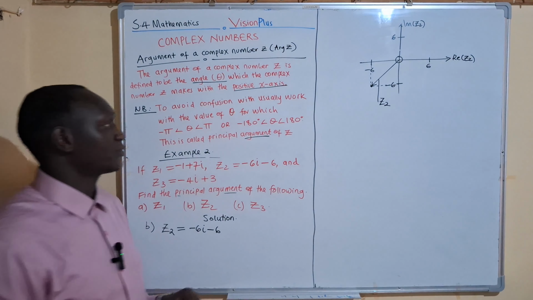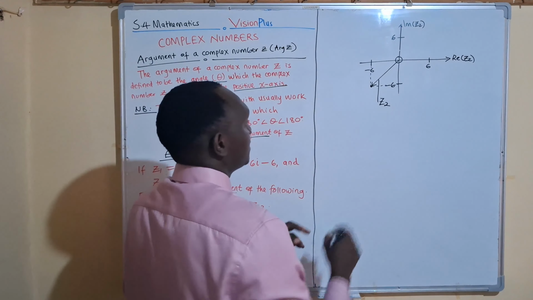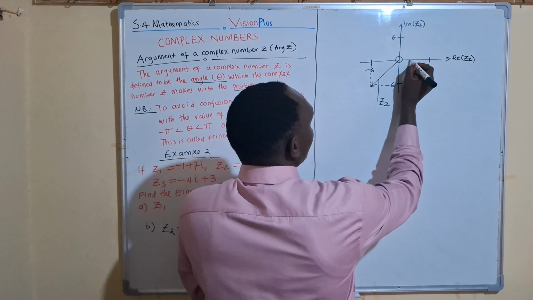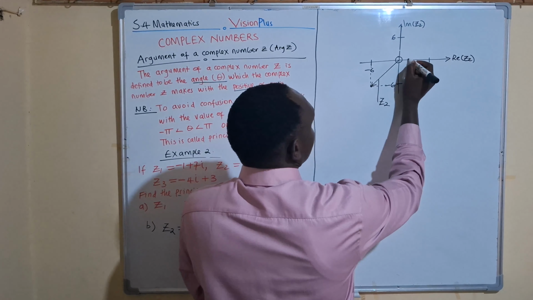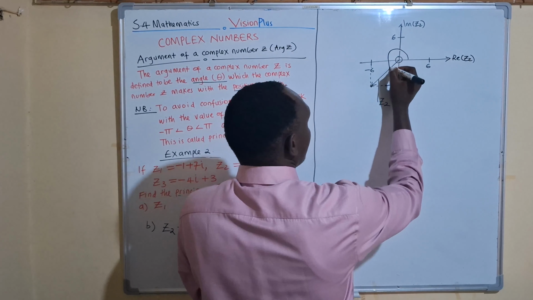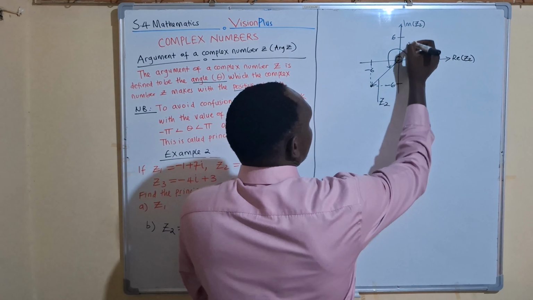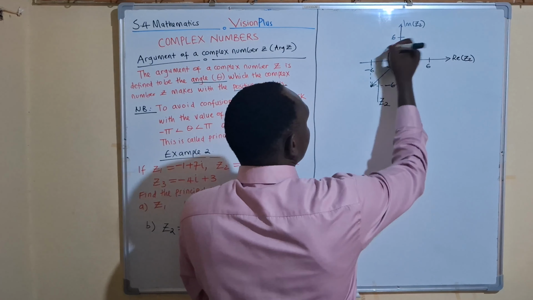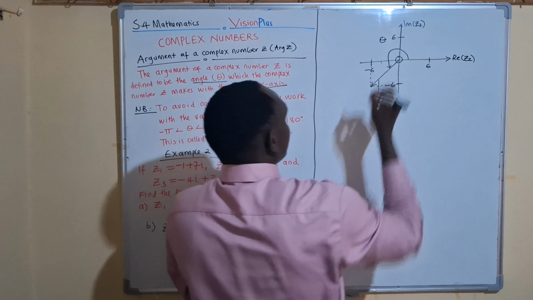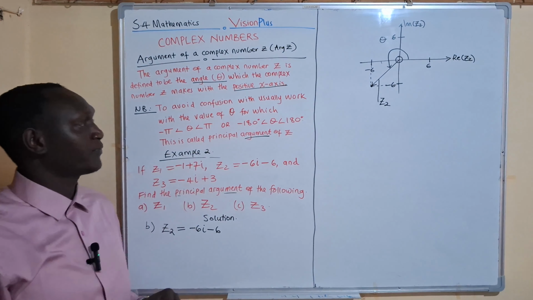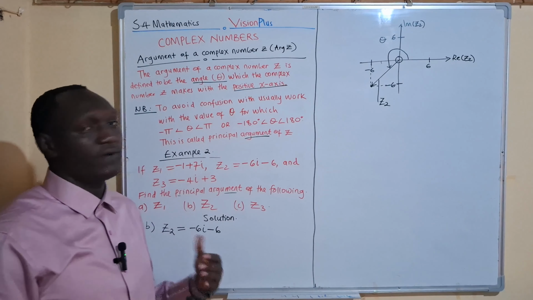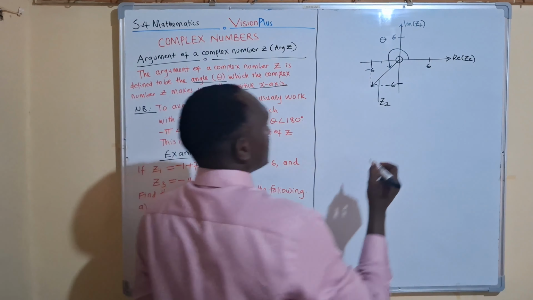Now we need to get the argument, which is an angle measured from the positive x-axis. The argument goes from here up to where the complex number is. The whole of that angle is the argument, and we call it theta. Now we need to find theta.